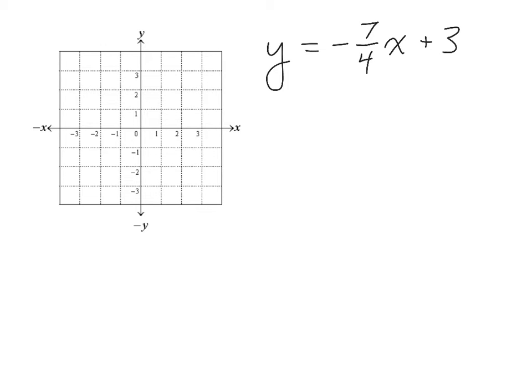Again, we need 2 points. So I'm going to start with my b. That is plus 3. That is where we cross the y-axis. So I'm going to plot plus 3. There is my y-intercept. Now I'm going to use my slope to figure out the next point.